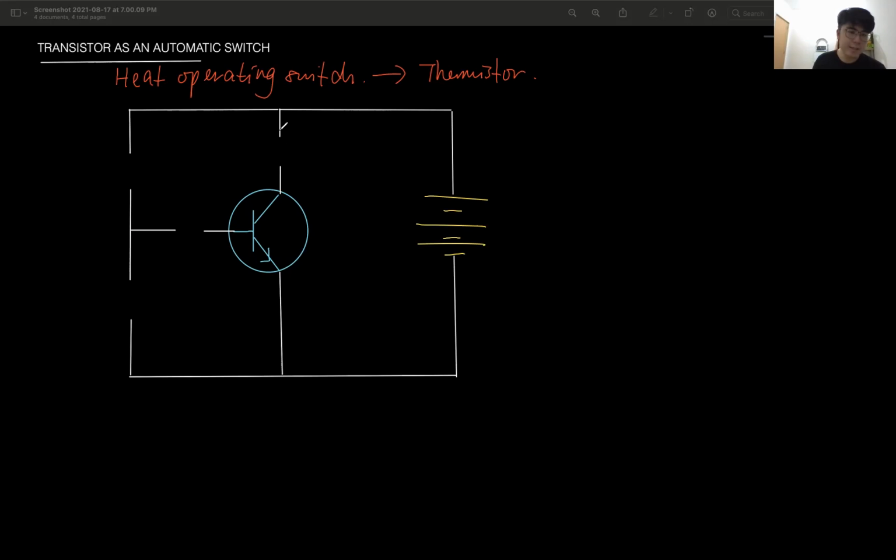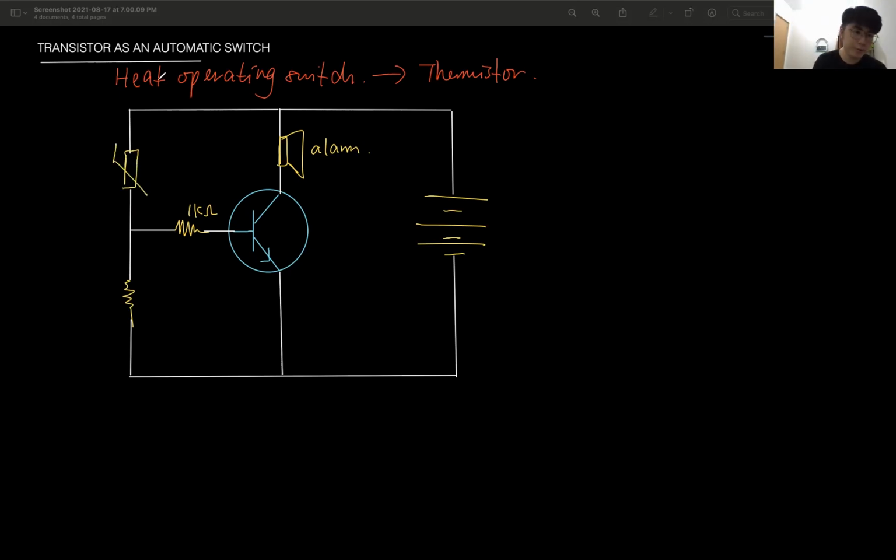Just that instead of a bulb, maybe I put a fire alarm. Here, same, I have the resistor, 1 kilo ohm. And then here I put the thermistor.